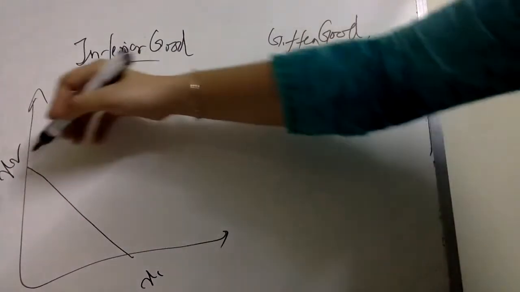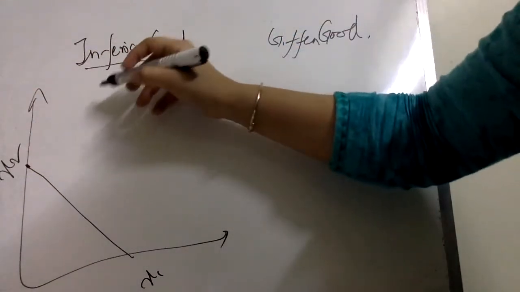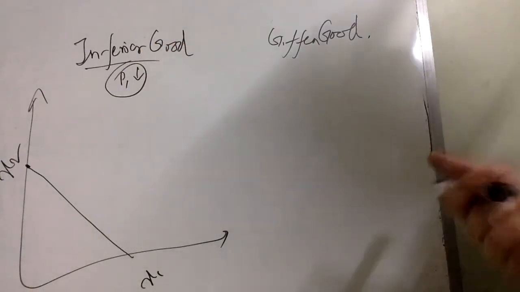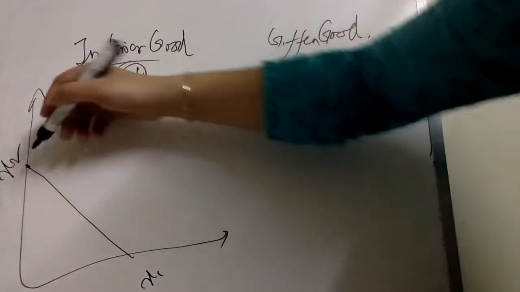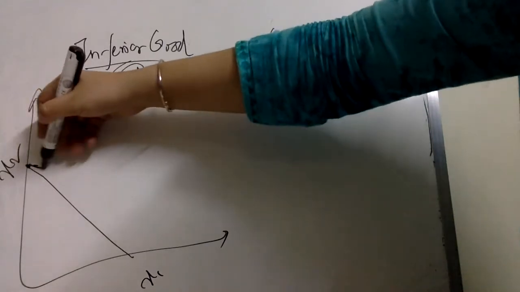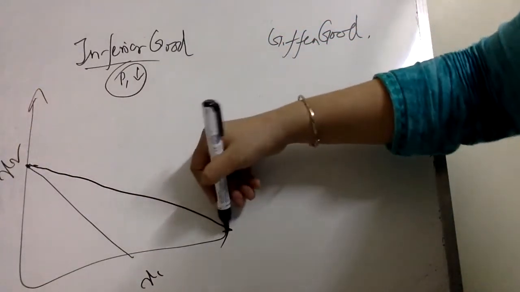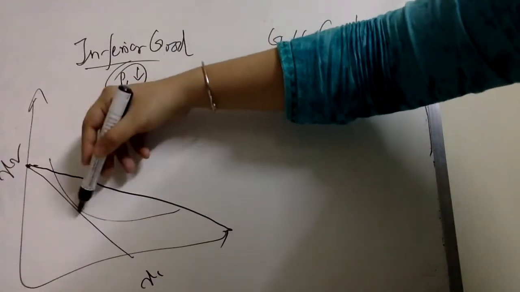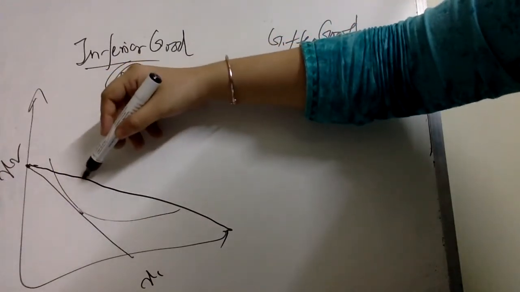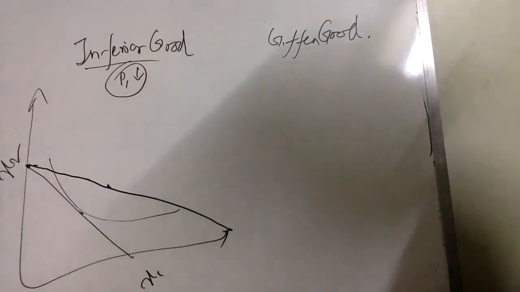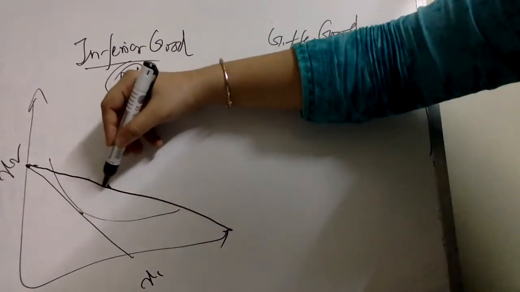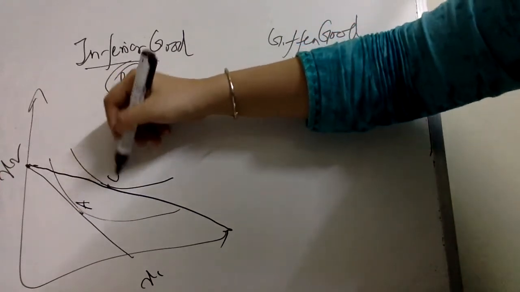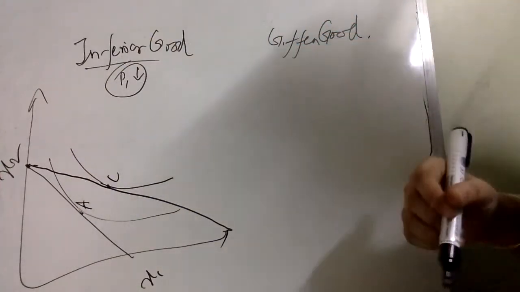as the price is falling, suppose initially we say P1 falls. P1 means price of good one is falling. So keeping this thing constant, I have a new budget line, say here, and I move from this optimum to another optimum here. So initially if I was here, so this is new point at C. Okay.